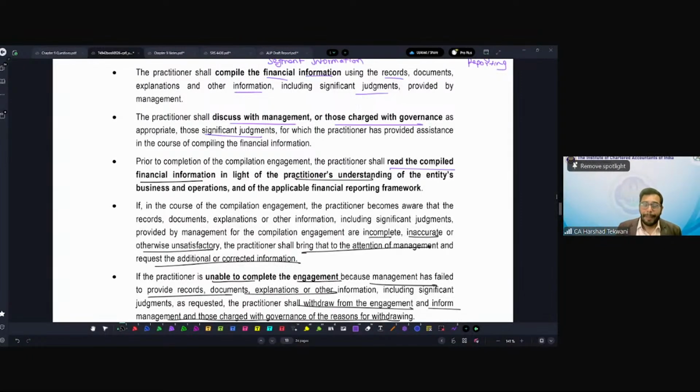For example, management has allocated segmental information in 4 different segments and provided you information for the 4 different segments. But in actual, management has only 2 segments. The rest of the 2 are incorrect, or management is trying to mislead. At that point in time, also you have to inform management.